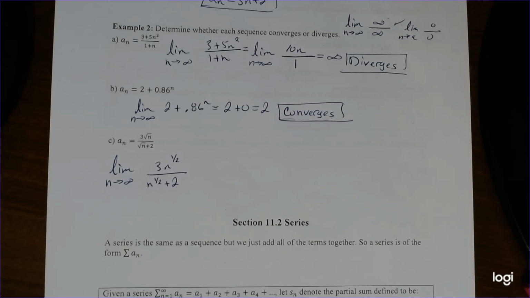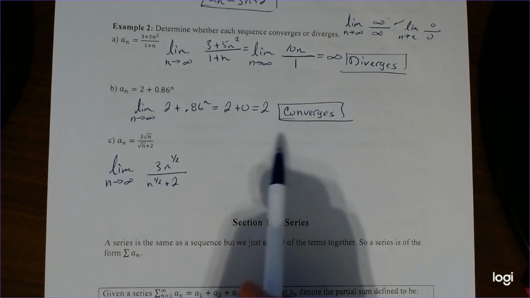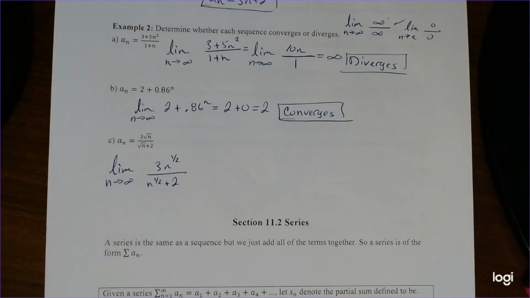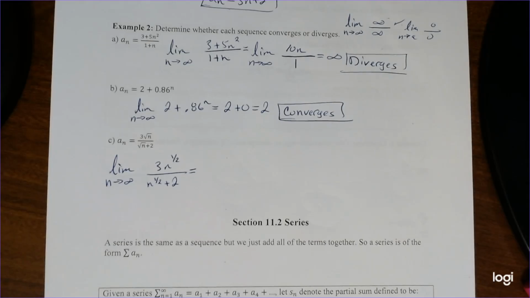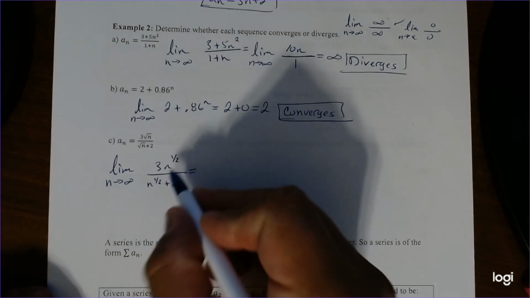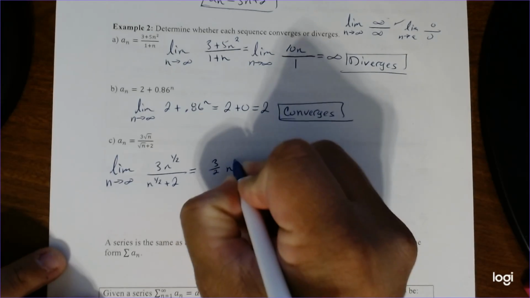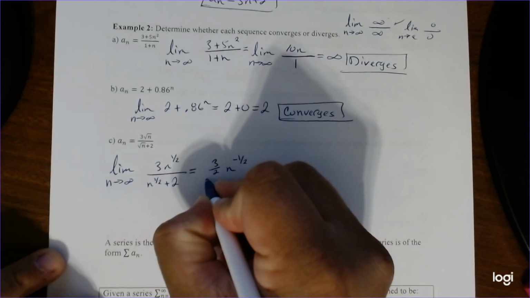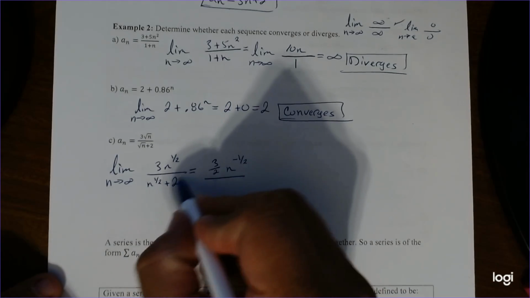Okay. Again, right, if I take the limit of the top individually and the bottom, it actually goes to infinity, right? It goes not too much, but it still goes to infinity because of the square root. So we can use L'Hopital's rule and take the derivative. So the derivative of this is going to be 3 over 2 n to the -1/2 over, that goes away, right?